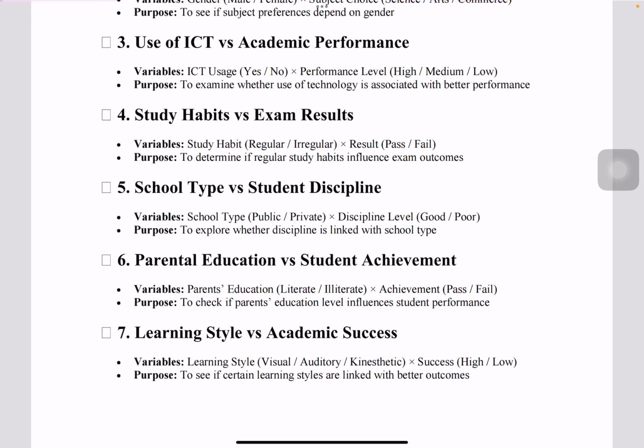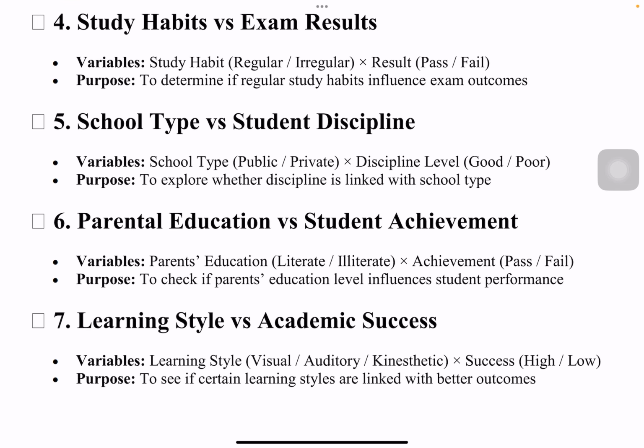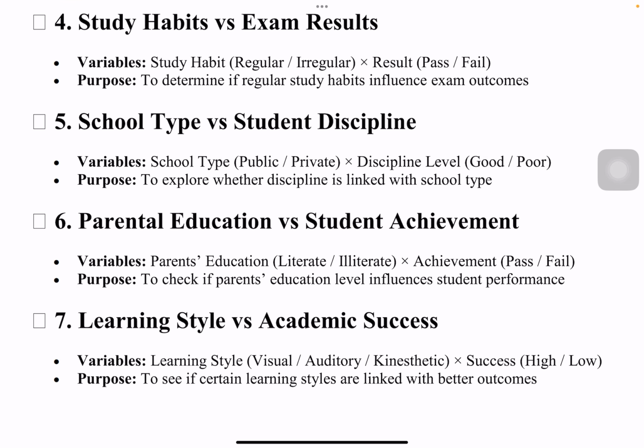Purpose is to determine if regular study habits influence exam outcomes. Number 5, school type versus student discipline. Variables: school type, public, private, multiplied by discipline level, good, poor. Purpose is to explore whether discipline is linked with school type.